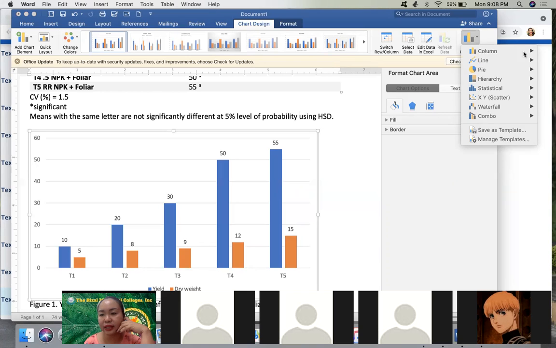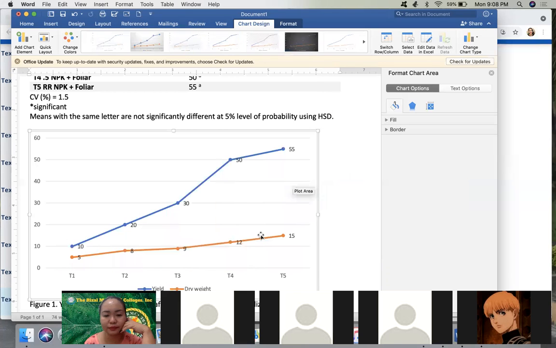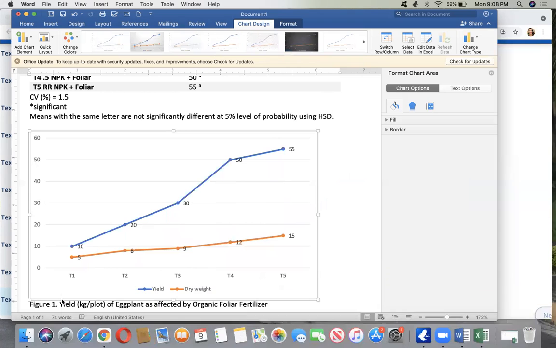Let's say you choose line. What kind of line, for example? So you can see it becomes a line now.